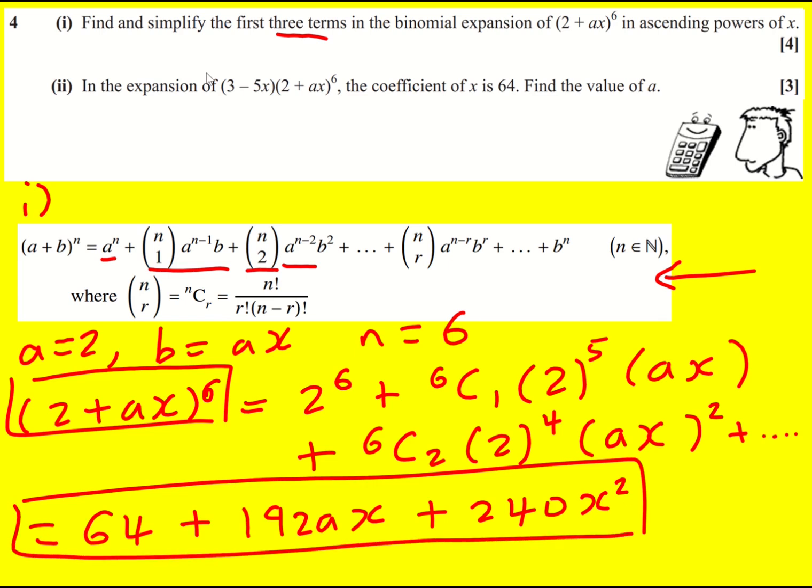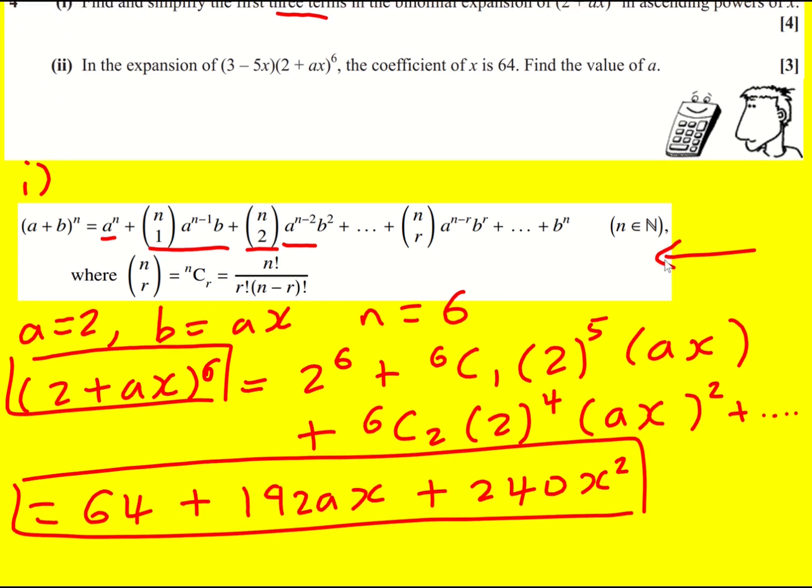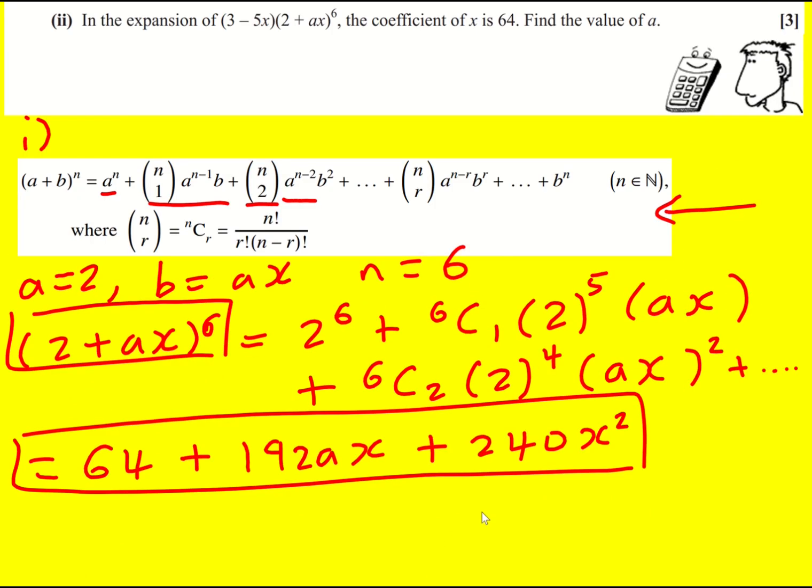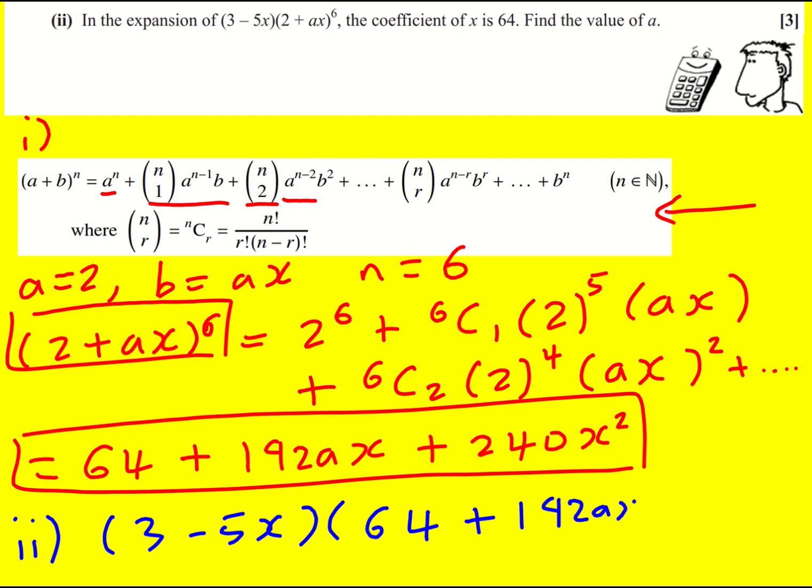In the second part, we're told in this expansion the coefficient of x is 64 and to find the value of a. Right, well, I'm just going to write down the first few terms from my expansion, and then just acknowledge that it will go on further.